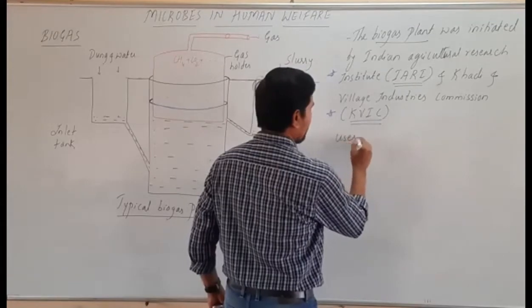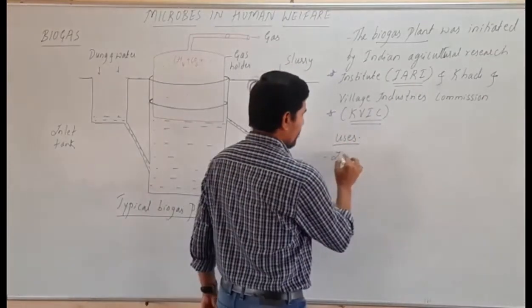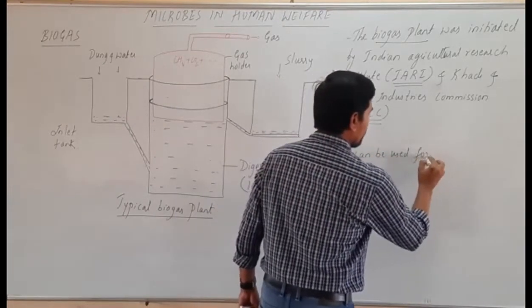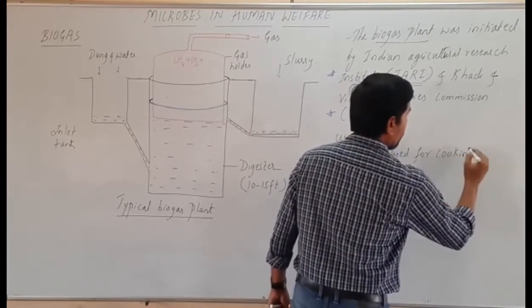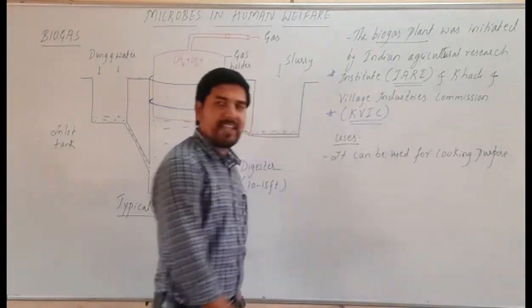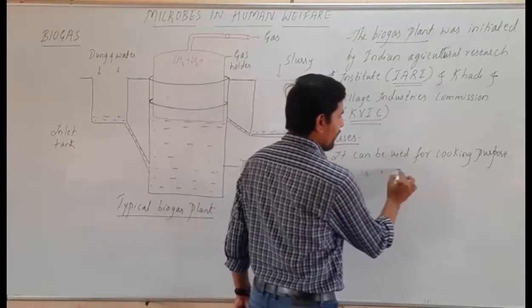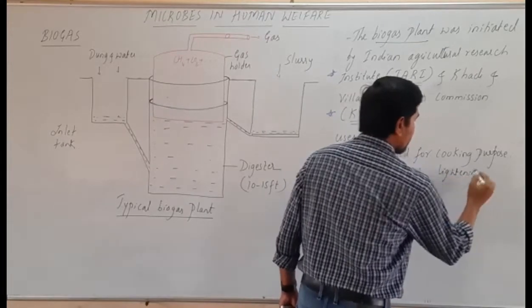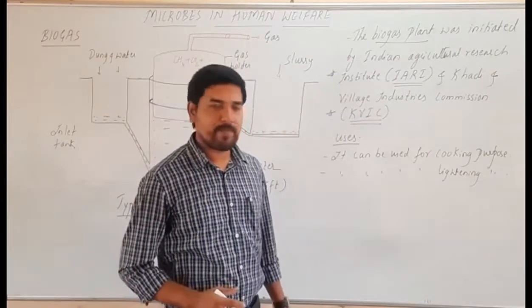So if we look at the uses of the biogas plant, it can be used for cooking purposes. Then apart from cooking, it can be used for lighting purposes to glow the bulbs.